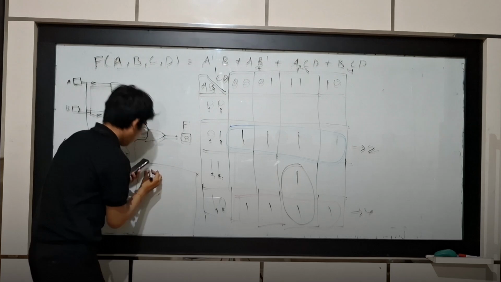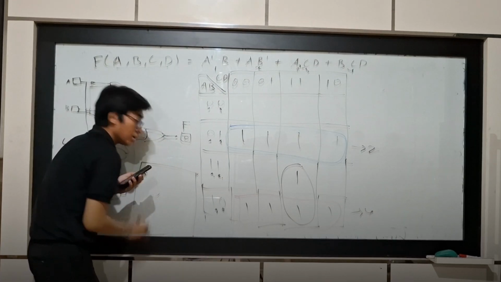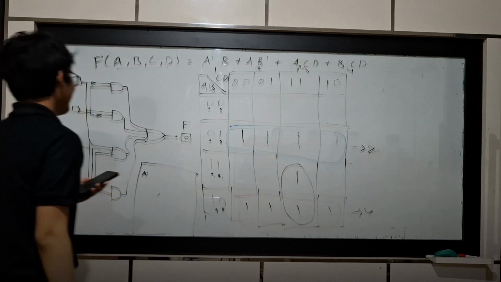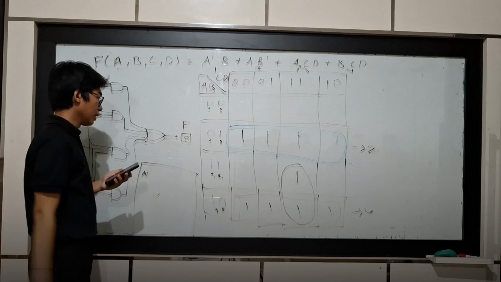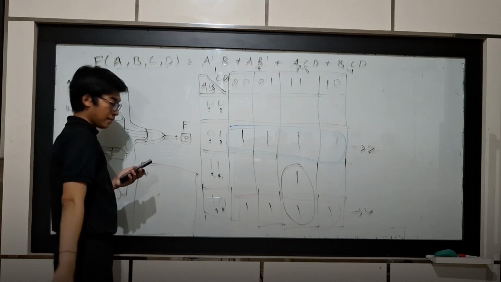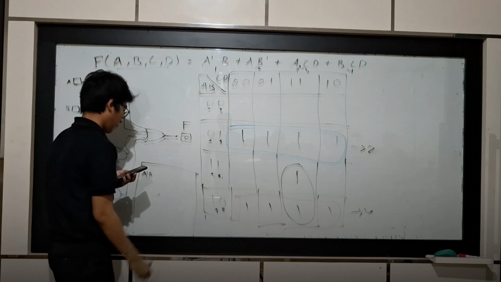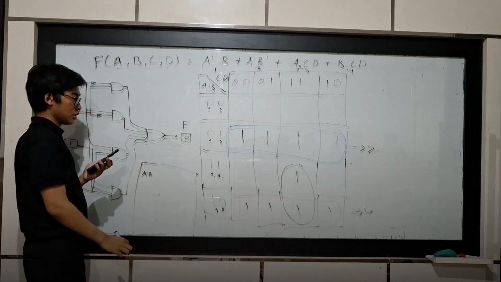So the first simplification is A inverse. Okay. So the first equation is A inverse and then B, because the B is 1. So this is the first expression.